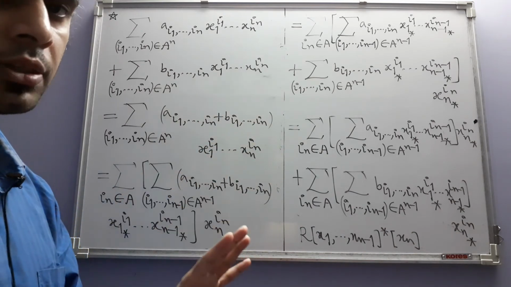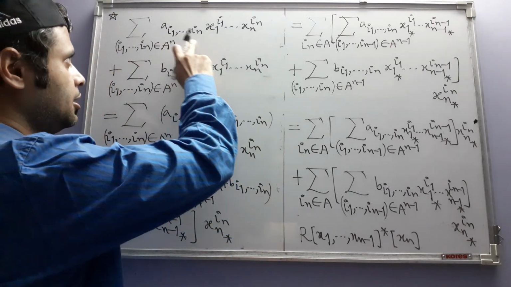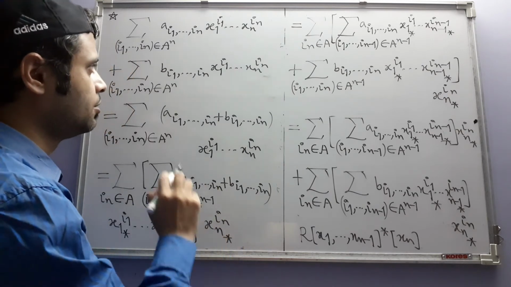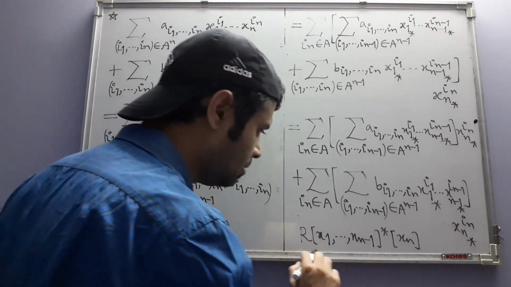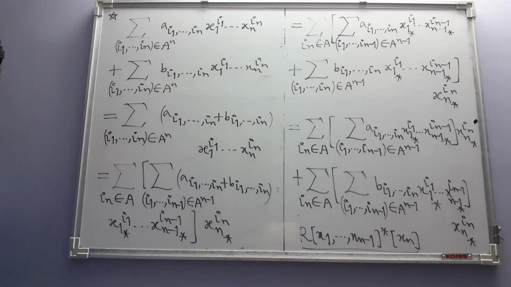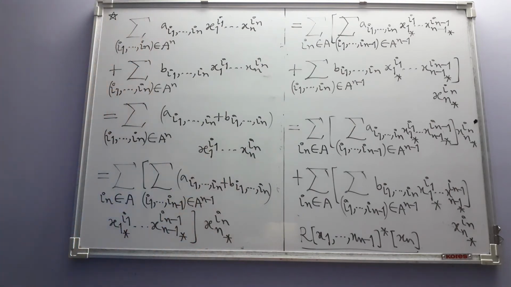The sum is actually preserved. It does not matter whether you think of them as formal symbols in our original ring or as elements in this polynomial ring, as far as addition is concerned.